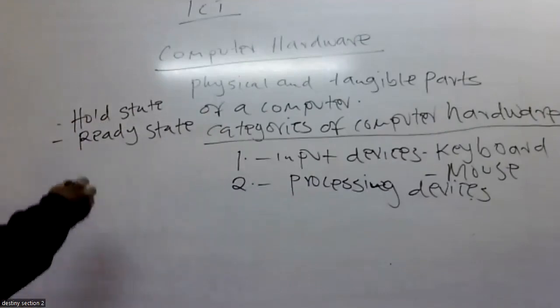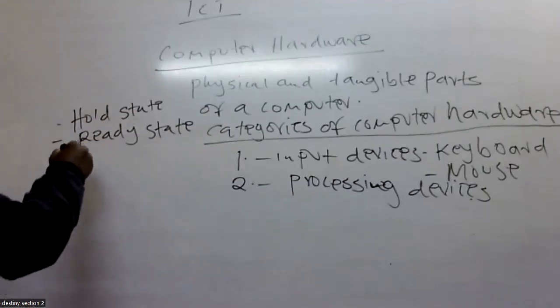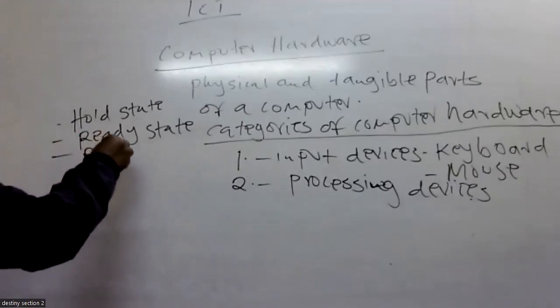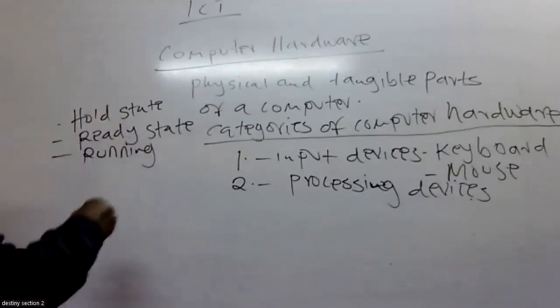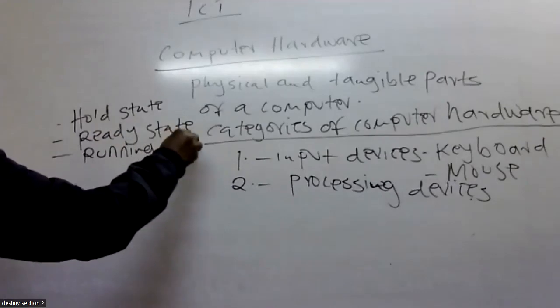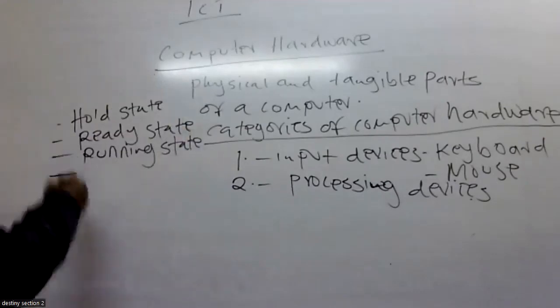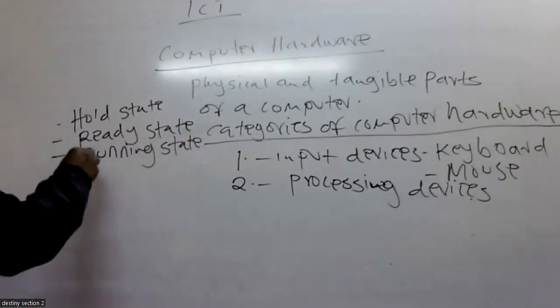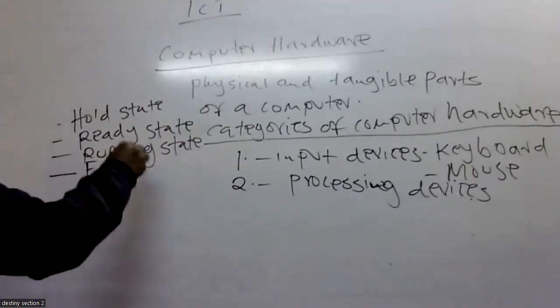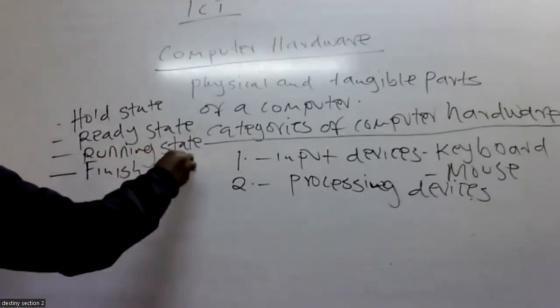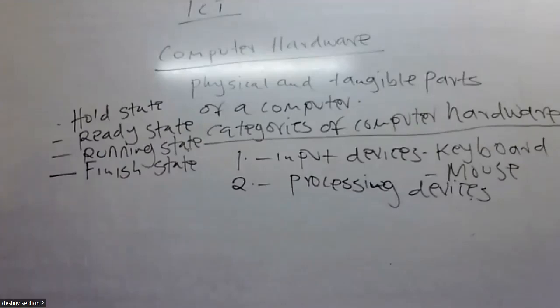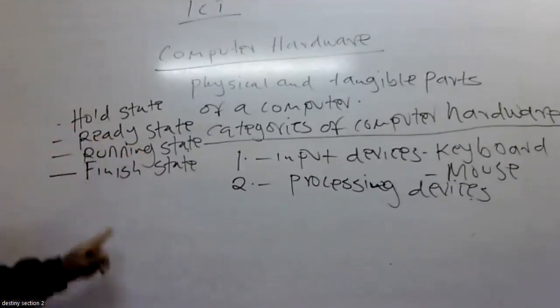We as well have what we call the running state. We have the finished state. So these are the states we have in a computer: the hold state, the ready state, the running state, the finished state.